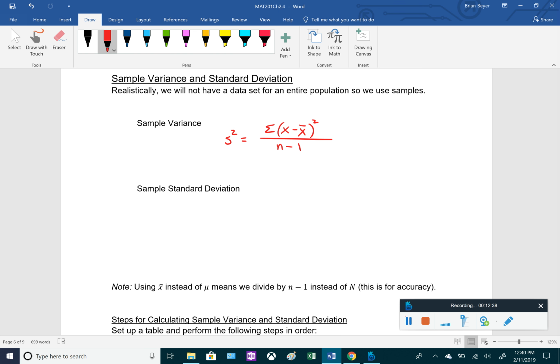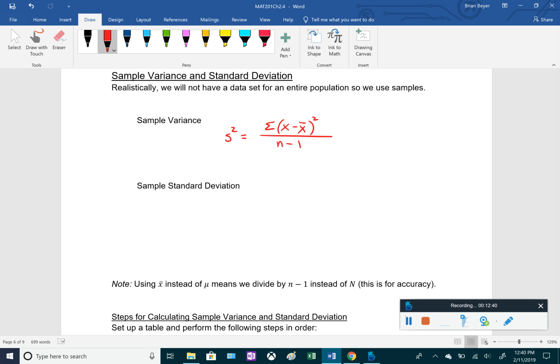The reason for this, which I've written down below in this little note, is accuracy. We won't get into it too much, but just keep in mind that when we're calculating sample variance and sample standard deviation, we're dividing by n minus 1 rather than n.